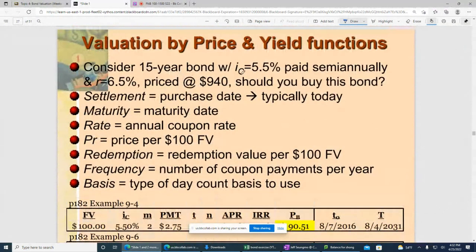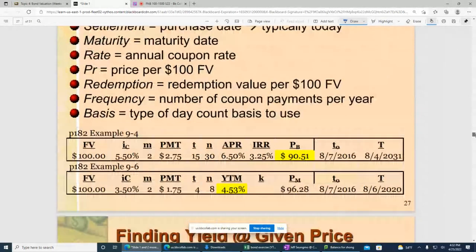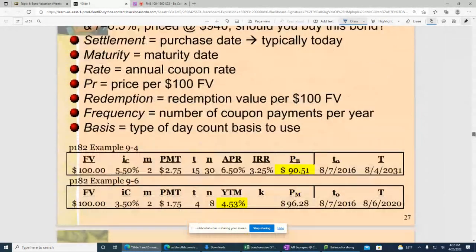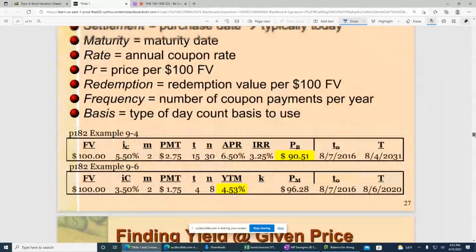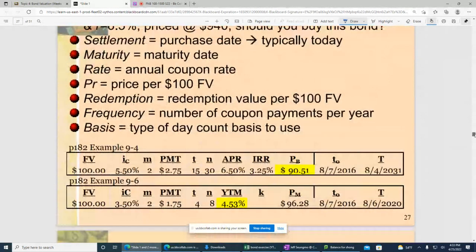Consider a 15-year bond with a coupon rate of 5.5, paid semi-annually. The price was already given here as 940. Never mind, it doesn't really matter. The example I used here, 2016 to 2020, that's like 4 years left, okay?